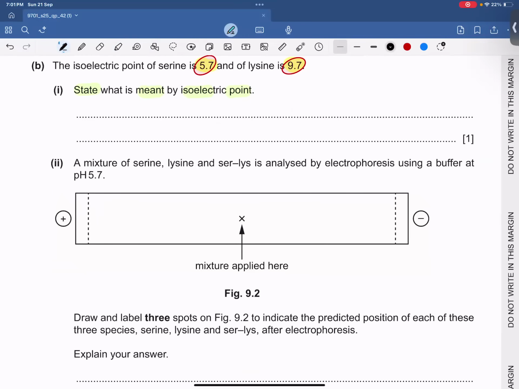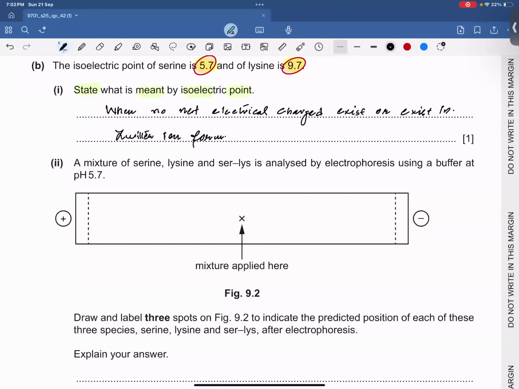Isoelectric point of serine. Isoelectric point means when no net electrical charge exists, or when the amino acid exists in zwitterionic form.